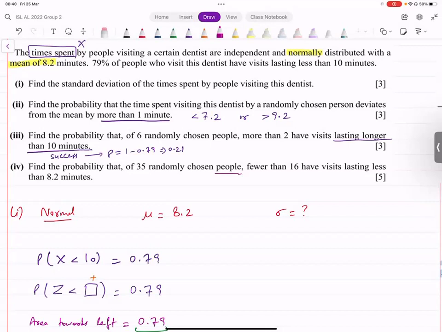And we've got 35 people in total, उसमें से fewer than 16 की probability आपने find करनी है. So this is binomial, जिसमें आपका जो total number है n, that is 35.